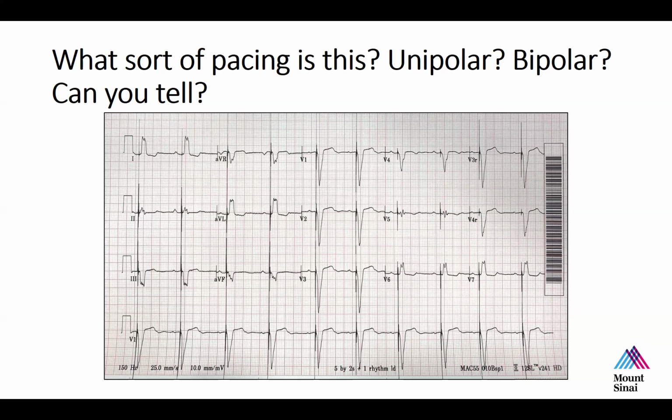And so, generally speaking, when you see such large pacing spikes as you see on this tracing, it's usually a sign that the patient is being unipolar paced. The reason for this large artifact is that these electrons are traveling not only in the myocardium but through a lot of skeletal muscle all the way over to the area where the pulse generator is.